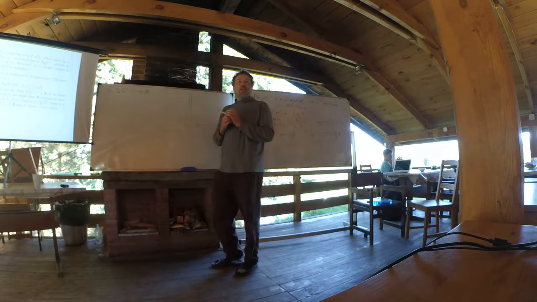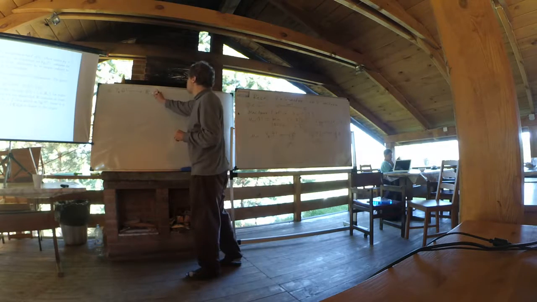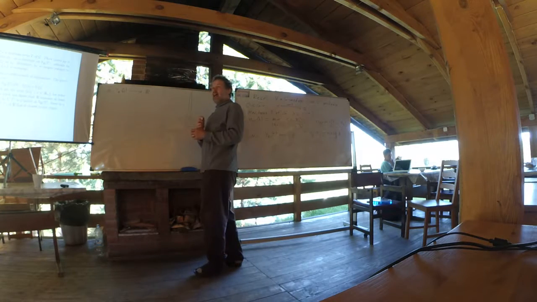This is the function that we wanted to optimize, and we needed to normalize our cocharacters.